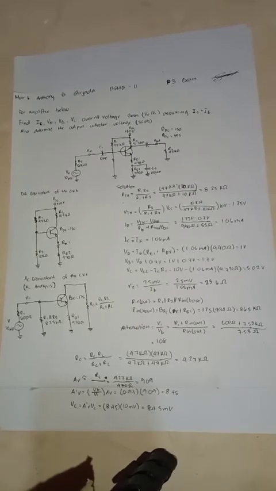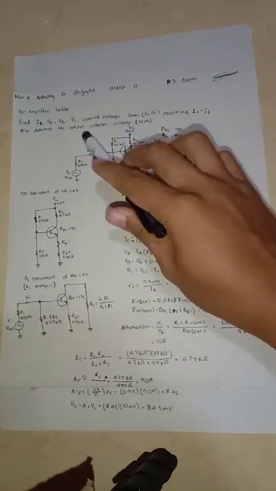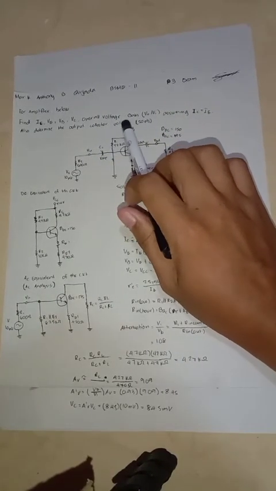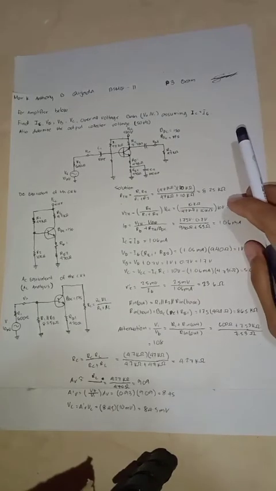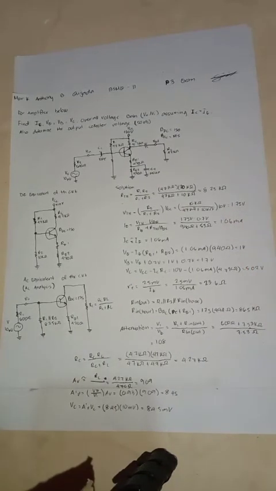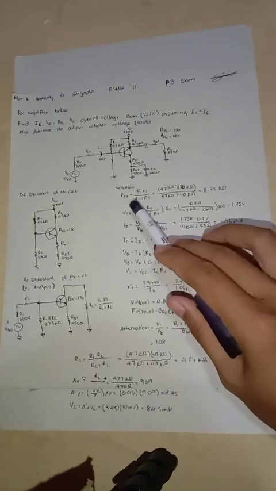So first, before proceeding to our solution, we will be applying Thevenin's theorem or Kirchhoff's voltage law. Before we can get the emitter voltage VE, the VB, the VC, and the overall voltage gain, we need to get first the Thevenin's resistance and the Thevenin's voltage.